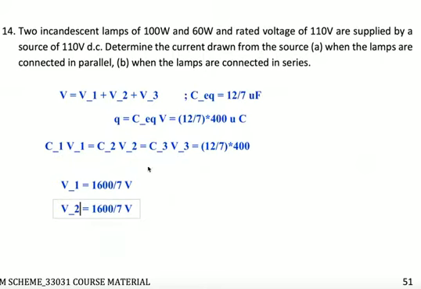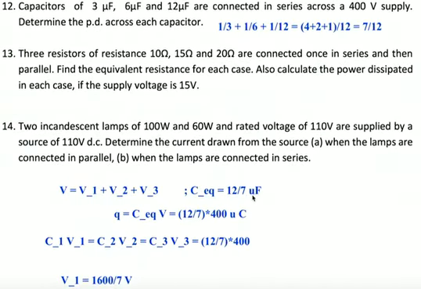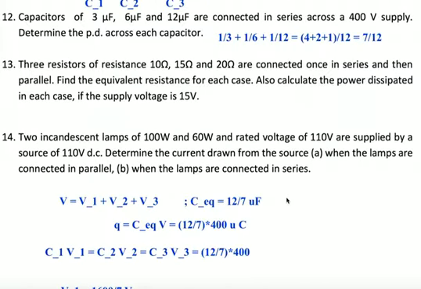Q by C2, 12 by 6 is 2, so 800 by 7 volts. What about V3? Q is 12 by 7 into 400 divided by 12. The 12 will cancel out, so this will be 400 by 7. Add them up: 1600 plus 800 plus 400 is 2800 by 7, which is 400 volts. So these are the voltage drops across the three capacitors.